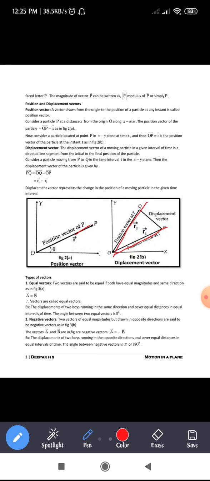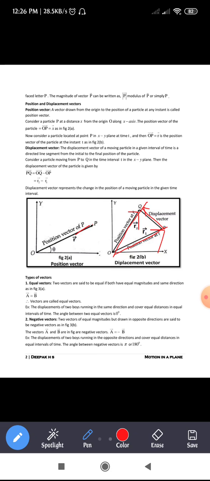For some time interval the particle moves from point P to point Q, and the line drawn from P to Q represents the displacement vector. So mathematically we write vector PQ is equal to vector OQ minus vector OP, that is nothing but vector R2 minus vector R1. So this is regarding the displacement vector.